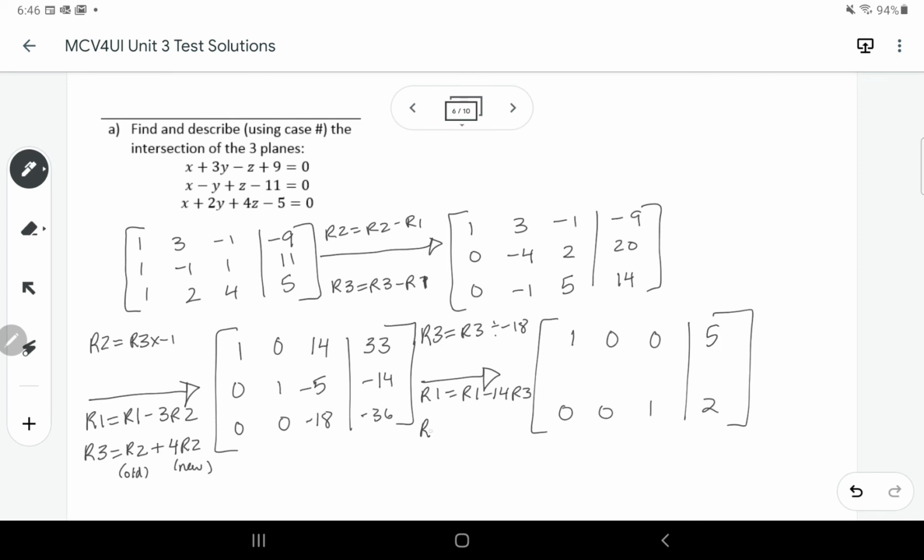And then I'll do row 2. I had a -5 in that last column that I want to clear out by adding 5 of those guys. So I'll say that's row 2 plus 5 row 3s. So this one will stay a 0. That one's going to stay a 1. That -5 plus the 5 ones zeros out.